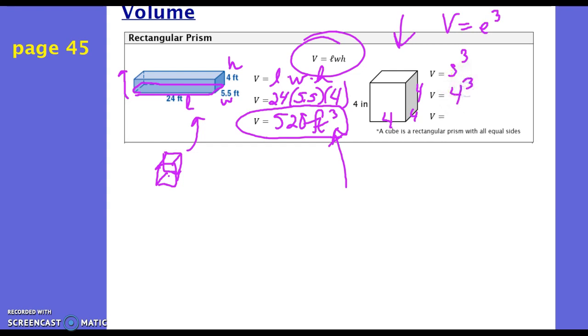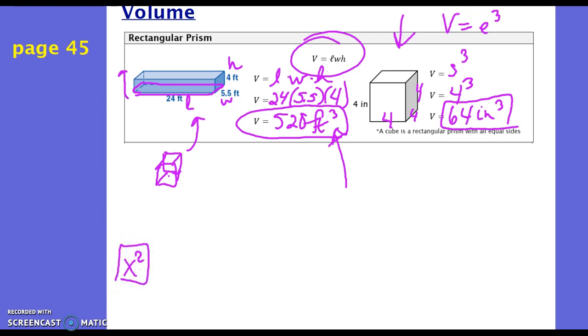Now there's 2 ways you can do that on your calculator. You can put in 4 times 4 times 4, and you would get for this problem 64, and again my label is cubic inches, inches with the little 3 at the top. Another way you can put it in your calculator, we talked about with squaring a number, we have an x squared button.